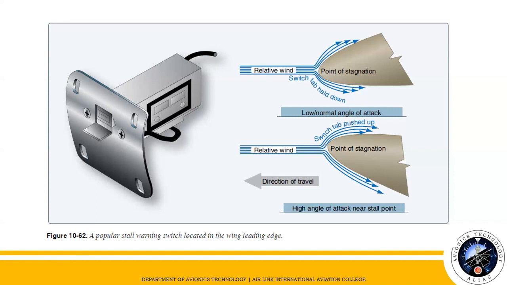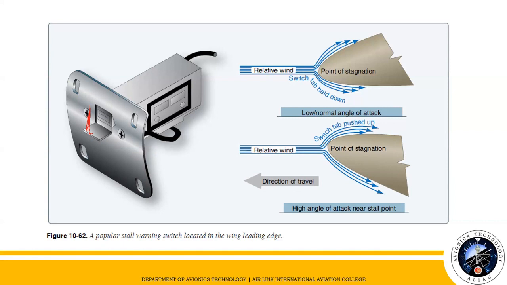So, the switch is located near the point of stagnation on the wing leading edge. Also, a small, lightly sprung tab. Yan, nakikita niyo yung tab. Umaangat yan. Okay? Pag mataas na yung angle of attack and then may papasok, makakaramdam na yan ng suction ulit.